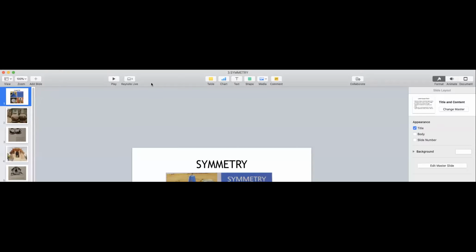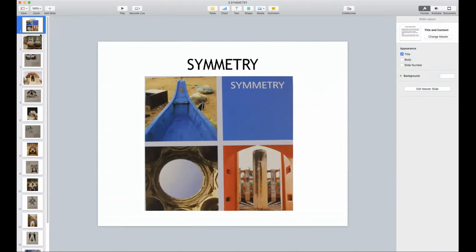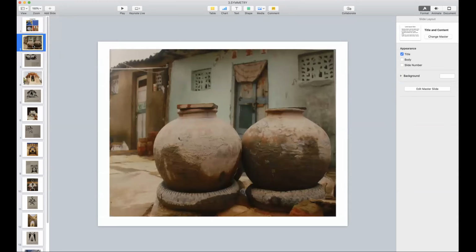Okay, guys. So symmetry, we also discussed today the asymmetrical concept, and vertical and horizontal symmetry. We also mentioned about that. So these are some of the images.